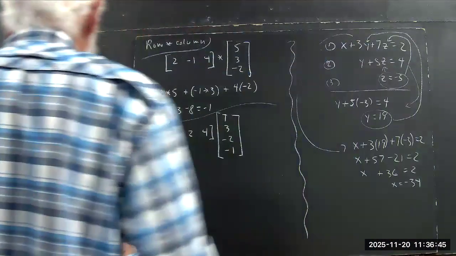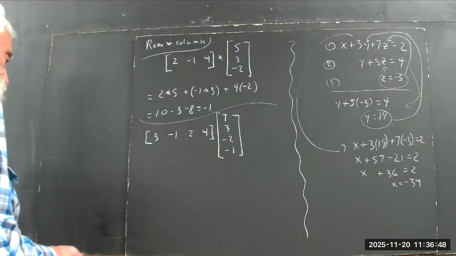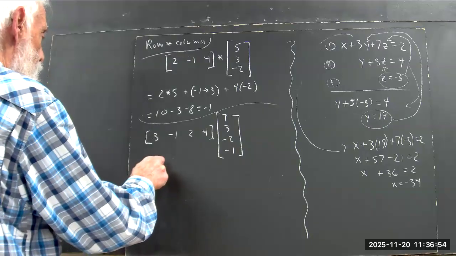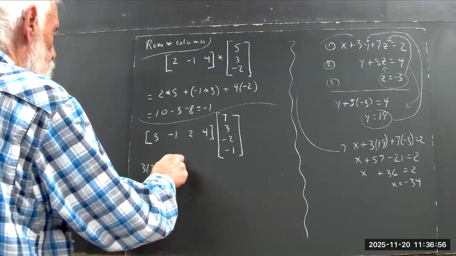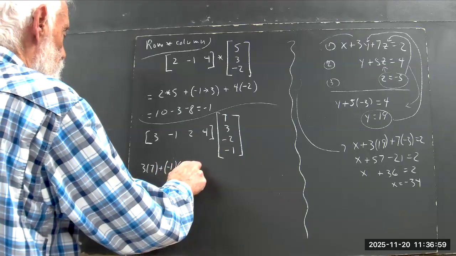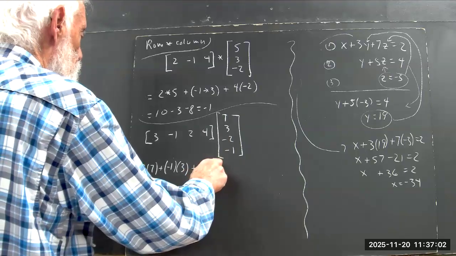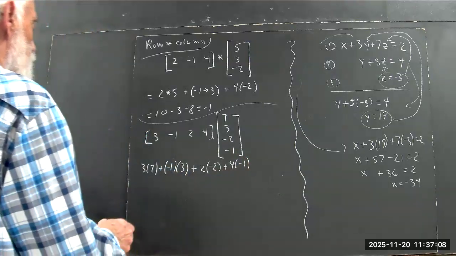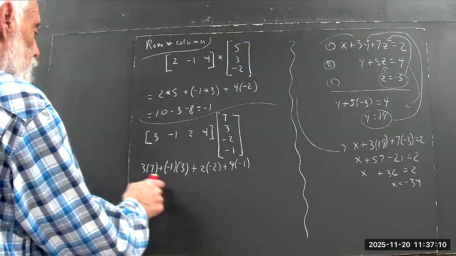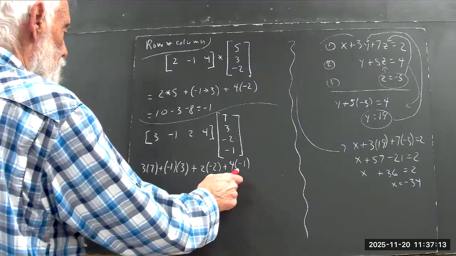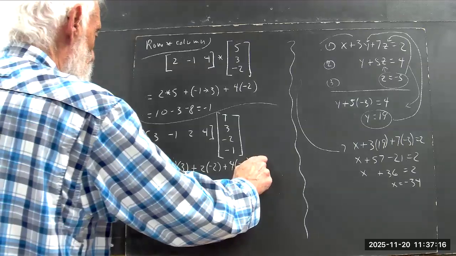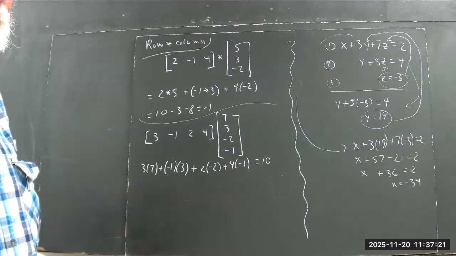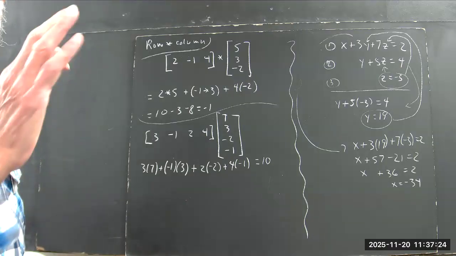Well, that's done very well. I think everybody wrote it down correctly, and everybody sees the pattern. We multiply the 3 by the 7. Then we multiply the -1 by the 3. And then we multiply 2 times -2. And then we multiply 4 times -1. And that gives us what? 21 here, -3, -7, -11. I get 10. Did you get 10? Did you add them up? It's okay. I didn't finish it.